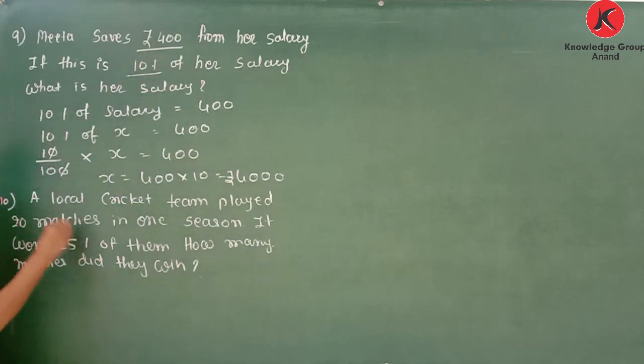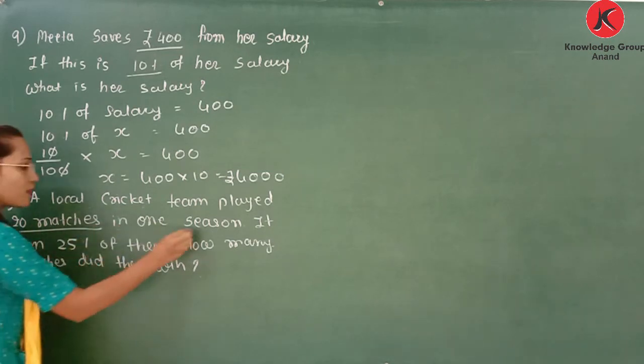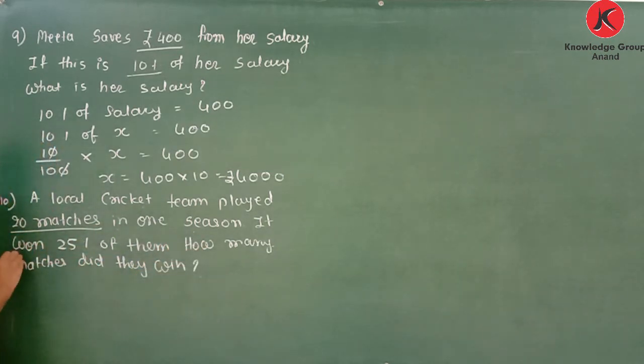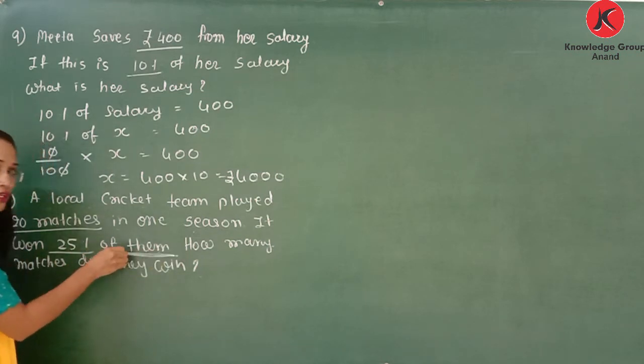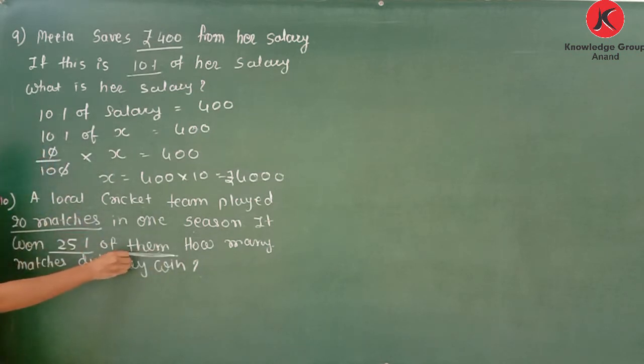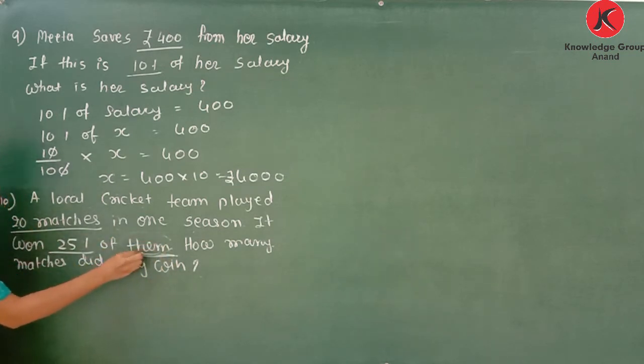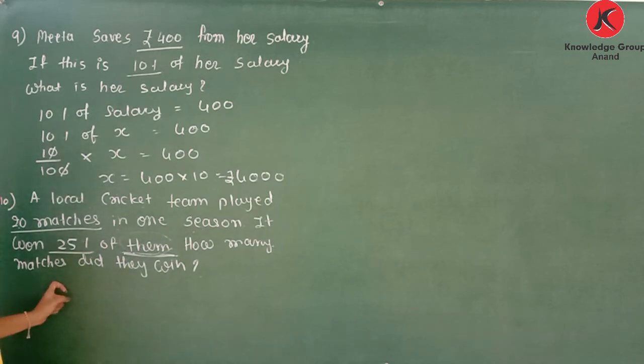Now next one. A local cricket team played 20 matches in one season. If they won 25% of them, that means what? 25% of the matches they play. That means 25% of matches they play is the number of winning matches. So how many matches did they win?